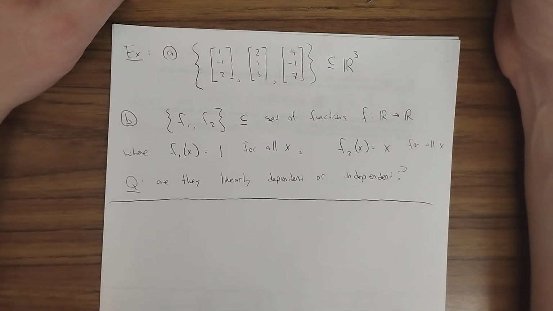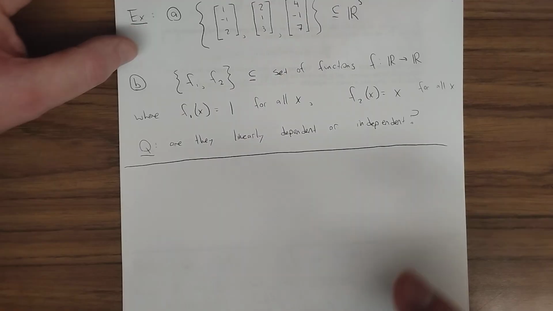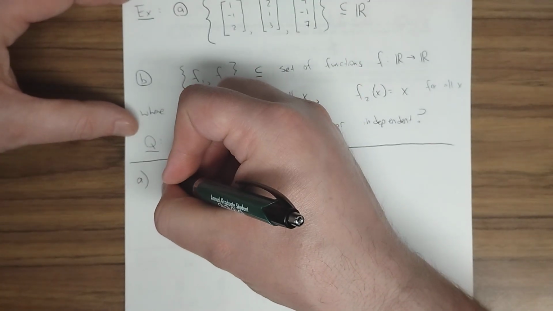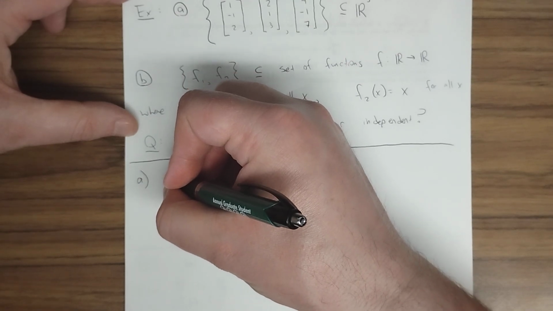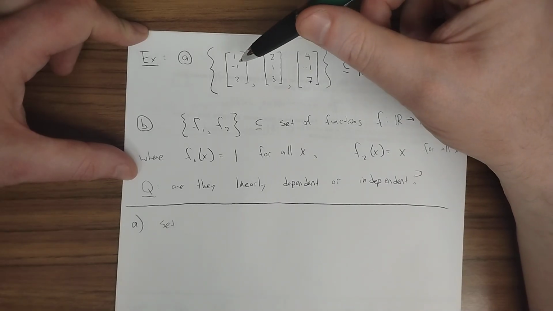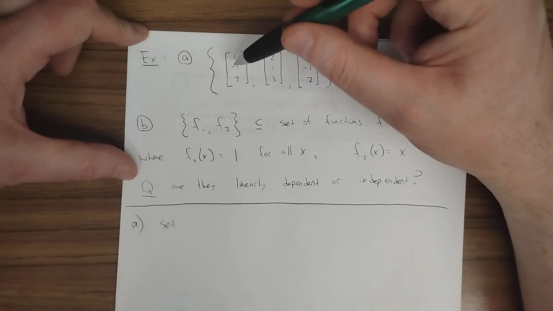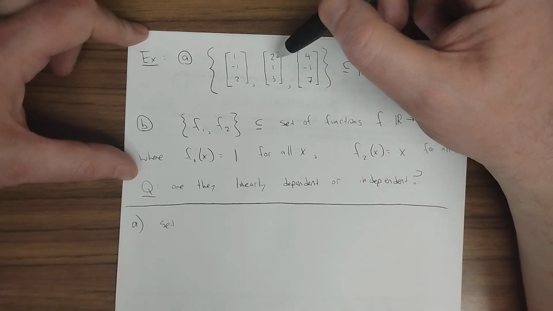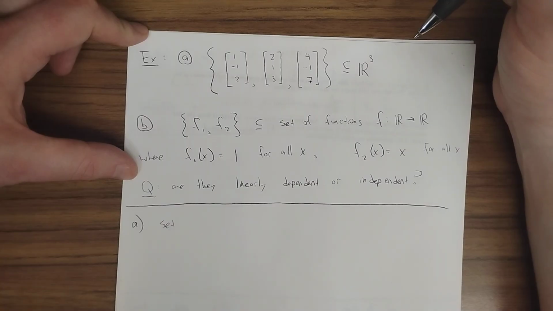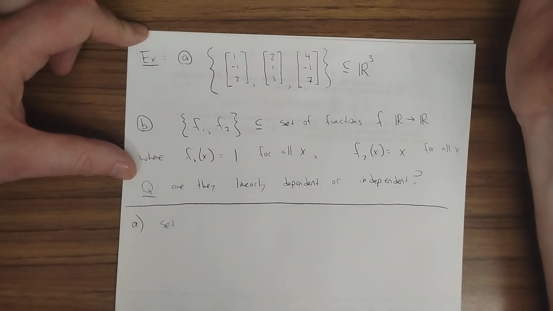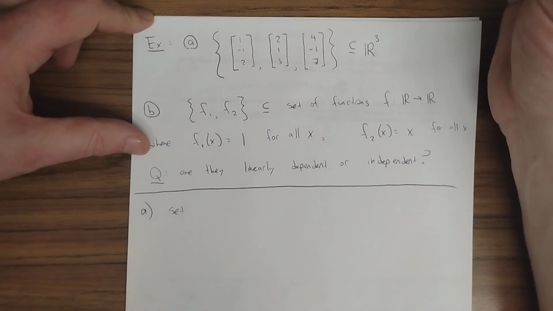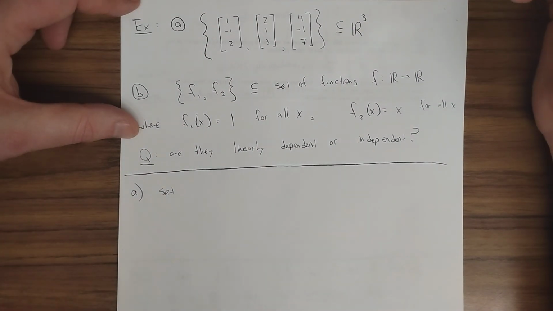And we're just going to use the definition. Well, it's a question of, can I find c1, c2, c3? So if I take c1 times this, plus c2 times this, plus c3 times this, that equals the 0 vector. And the question is, is it necessarily true that c1, c2, c3 are all 0? Or is it possible that some of them aren't 0?